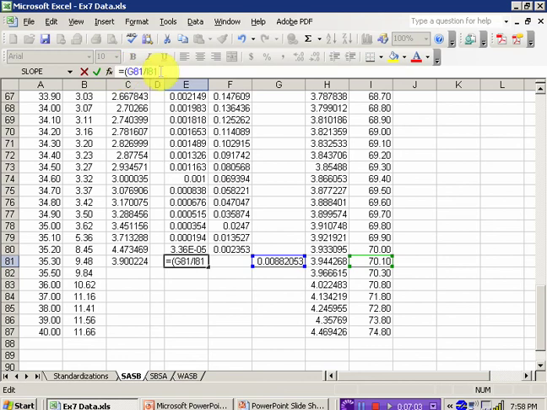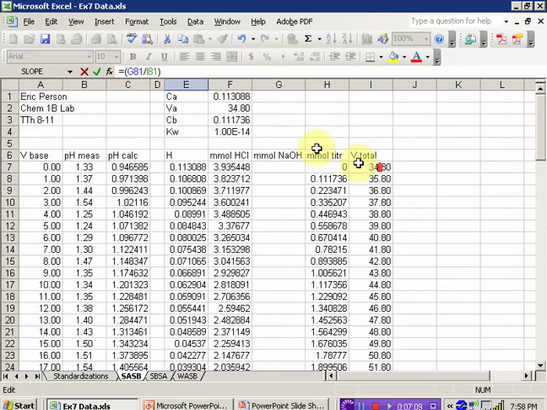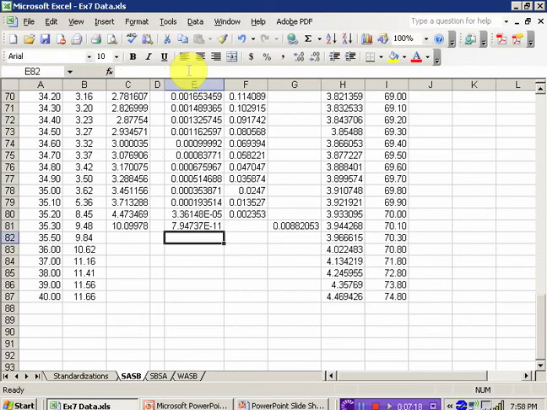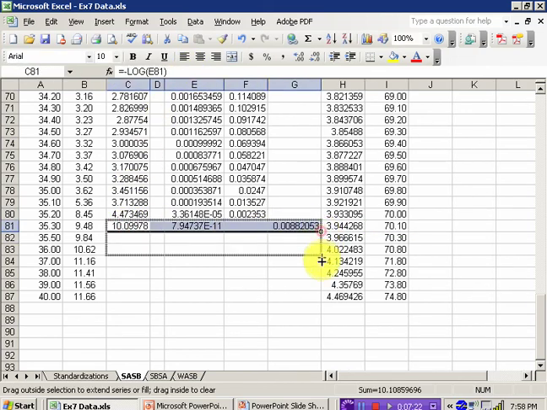Now that's hydroxide, not hydrogen ion. And the way I convert hydroxide to hydrogen ion is Kw divided by the hydroxide. And that Kw value is up here. That needs to be an absolute cell reference, and then divided by that hydroxide ion I calculated.